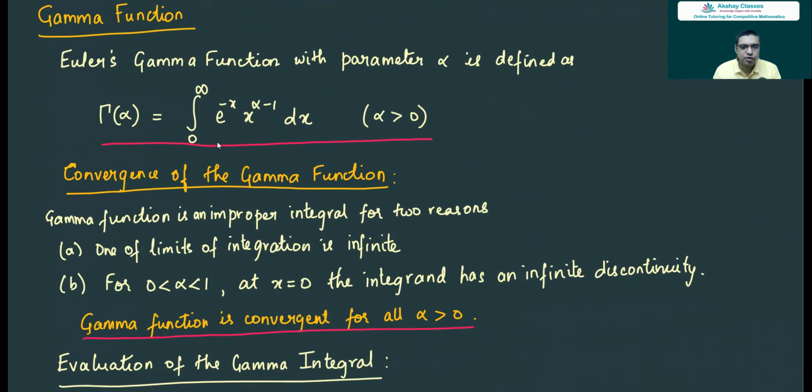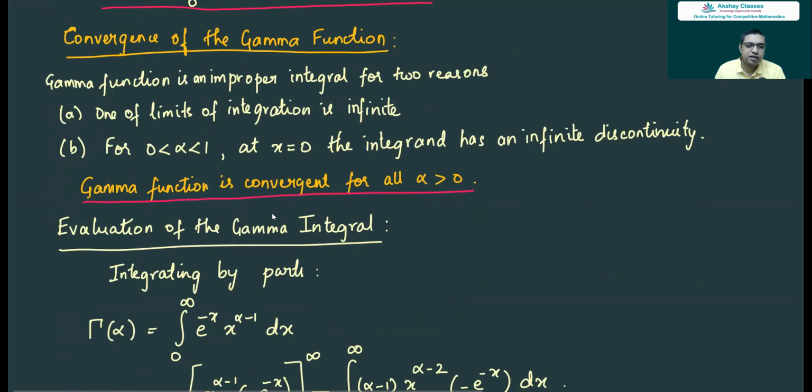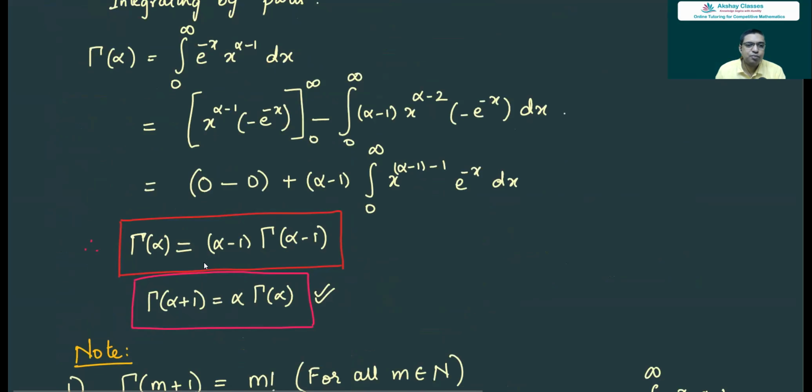So gamma function, what I'm just reviewing, gamma function is defined as integral 0 to infinity e power minus x, x to the power alpha minus 1 dx for alpha greater than 0. Although it's an improper integral for two reasons, it is a convergent function, and to evaluate gamma integral, we use the reduction formula by integration by parts. We get this result, gamma of alpha plus 1 is equal to alpha into gamma of alpha.